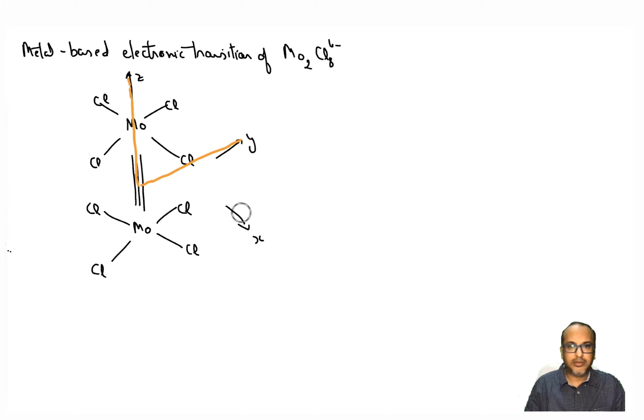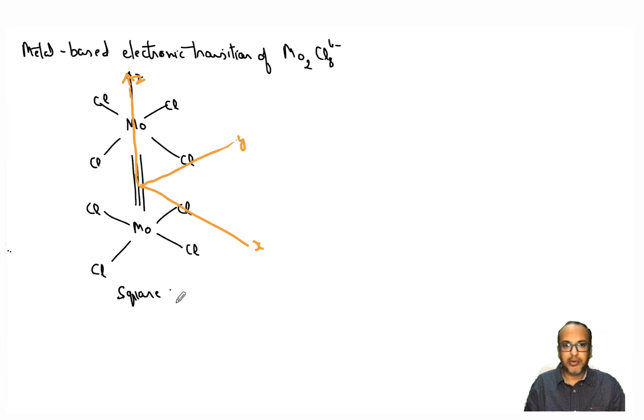So this is the molecule which is not square planar, but you can say that it's a square parallelepiped or square prism also you can say, right?